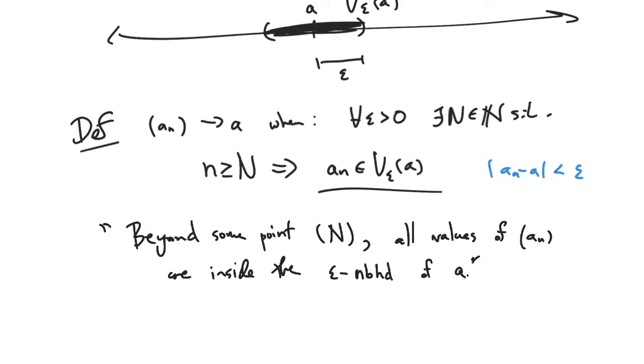If you look in the sequence beyond some big N, all the terms of the sequence are inside the epsilon neighborhood.